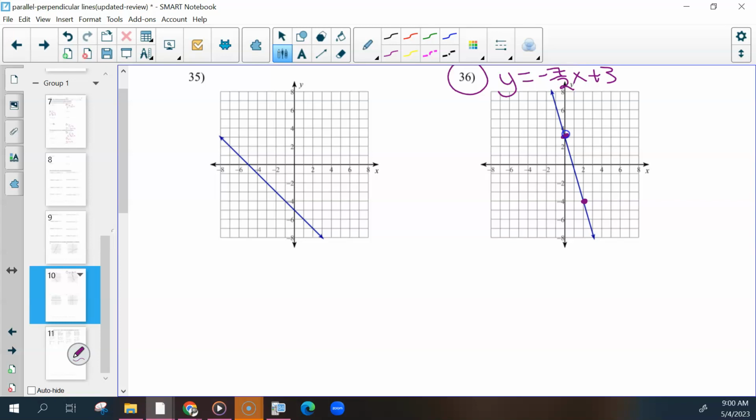Questions on how we found the original first? Wherever it crosses the y-axis. Then we have to come up with something that would be parallel and something that would be perpendicular. Parallel is going to have the same slope. What would we put for an equation that's parallel?